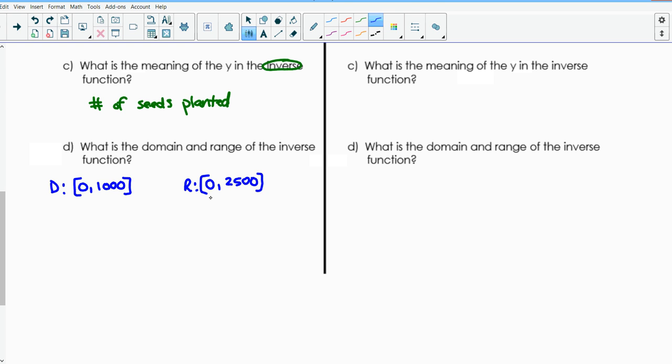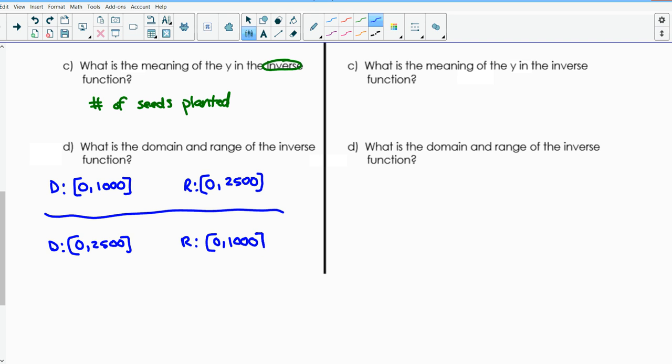Okay, but that's for the original function. So the inverse function, domain and range flip-flop. So the domain was the range. So the domain now is 0 to 2,500. And the range is now 0 to 1,000. Because again, if you look at what we described up above, it says what is the meaning of y in the inverse function, which is your now number of seeds planted from 0 to 1,000 seeds planted.